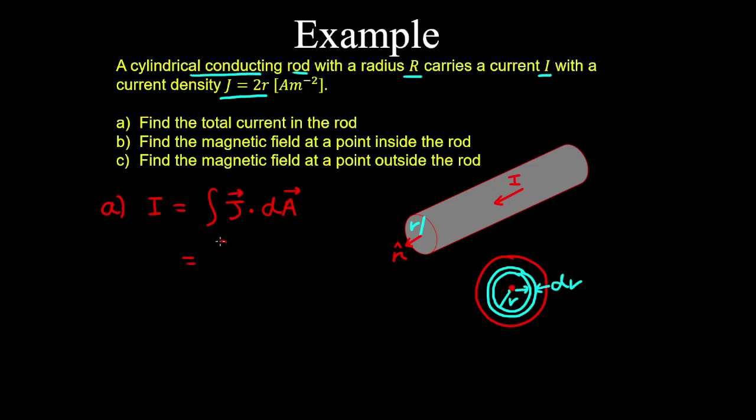So therefore this dot product can be written as J dA cosine theta, which is 1.